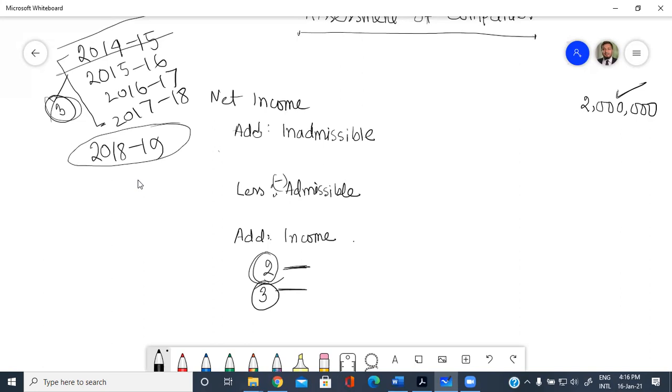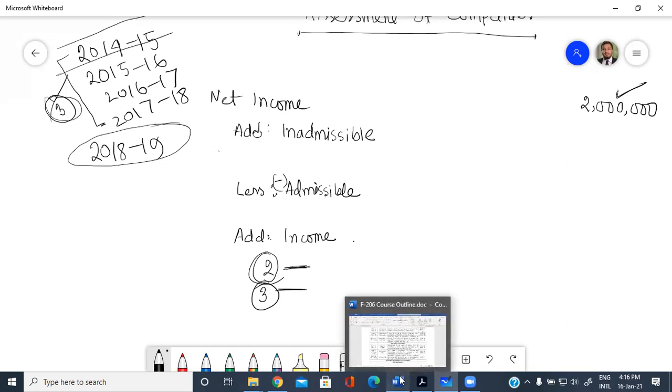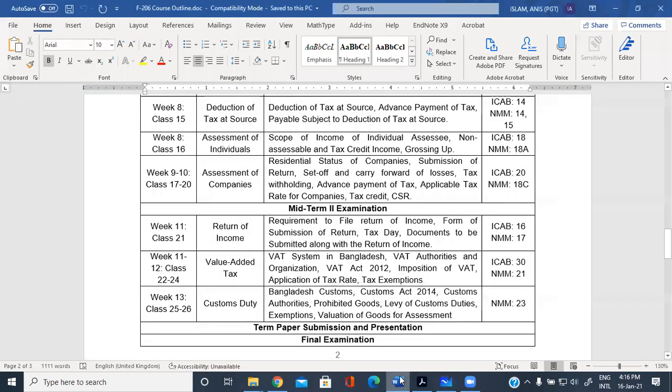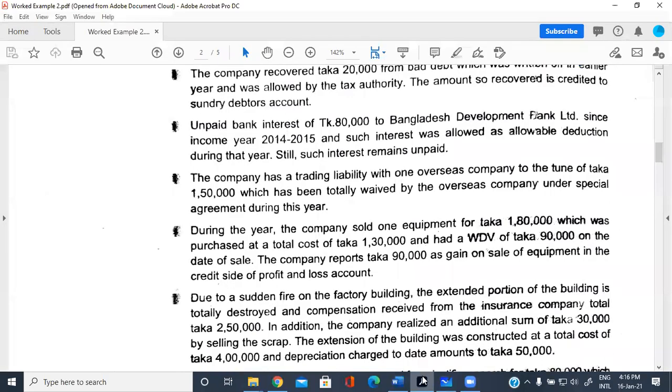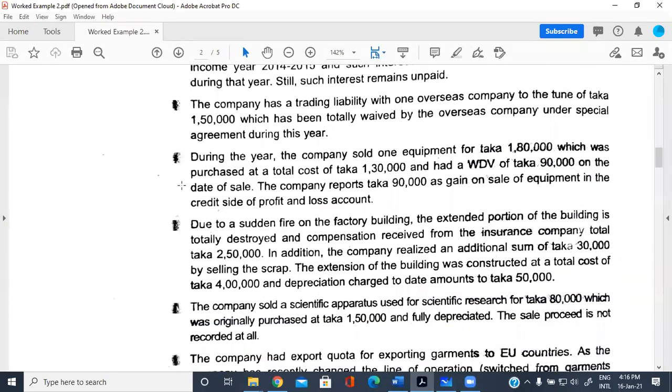Have you got it? Yes, sir. Yeah, that is the rule. I will try to look up the specific number of years, I mean, for how many years we have to wait. Okay, sir. So the point here is, still such interest remains unpaid.